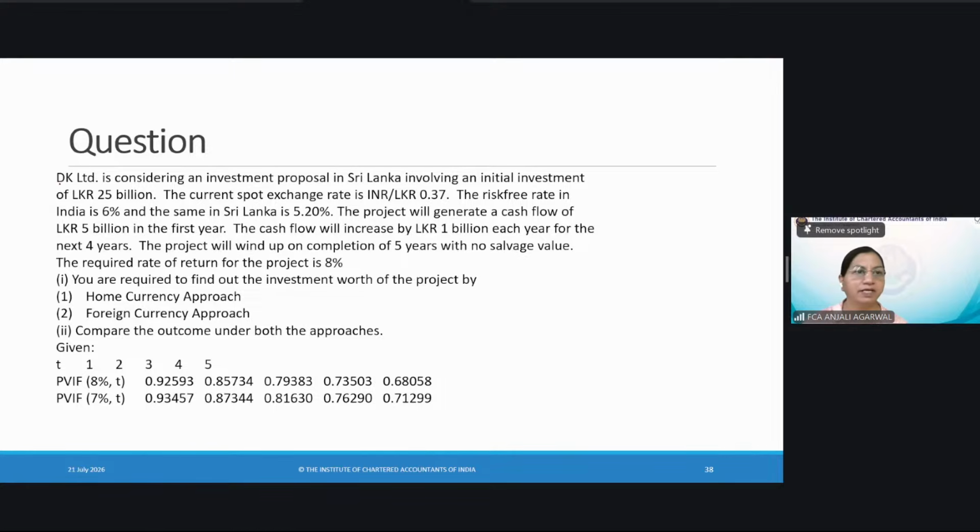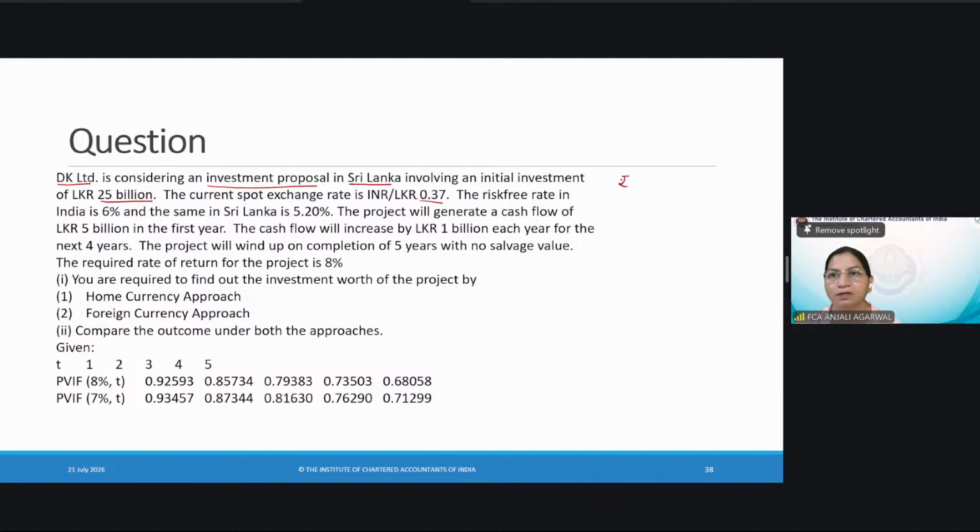We have DK Limited. It's considering an investment proposal in Sri Lanka, which involves an initial investment of Lankan rupee 25 billion. The current spot exchange rate INR upon Lankan rupee is 0.37.